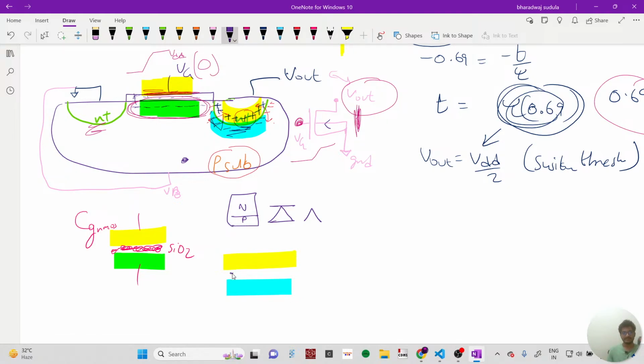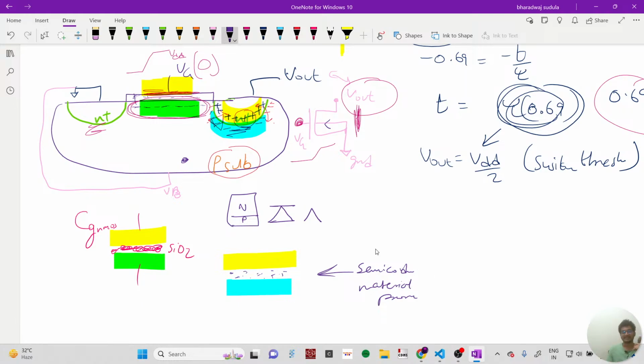And let me emphasize this insulator as well. What is an insulator? Insulator is nothing but the semiconductor material properties. Semiconductor itself isn't a good conductor nor a good insulator. It's in between, right?